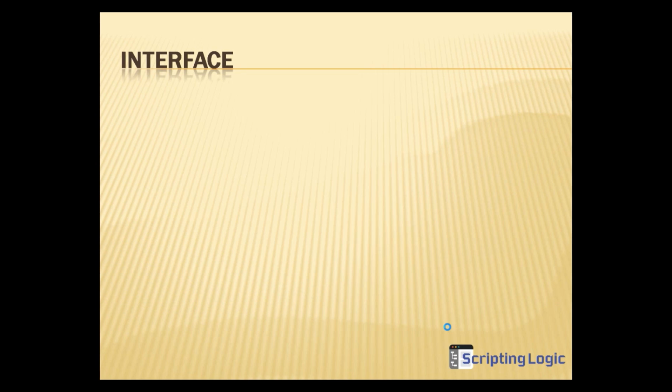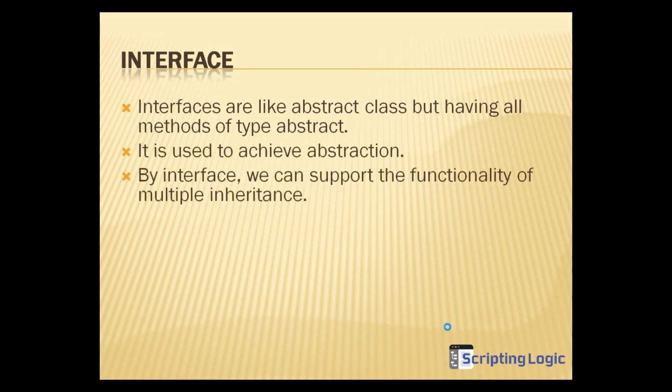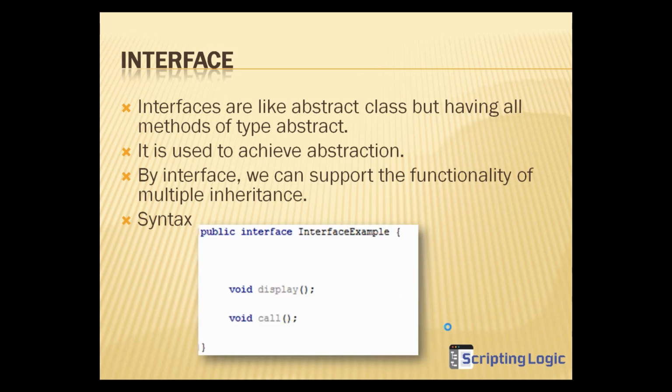Interface. Now what is interface? Interfaces are like abstract classes but having all methods of type abstract. It is used to achieve abstraction. By interface we can support the functionality of multiple inheritance. So its syntax is like this: public interface, void display, void call.